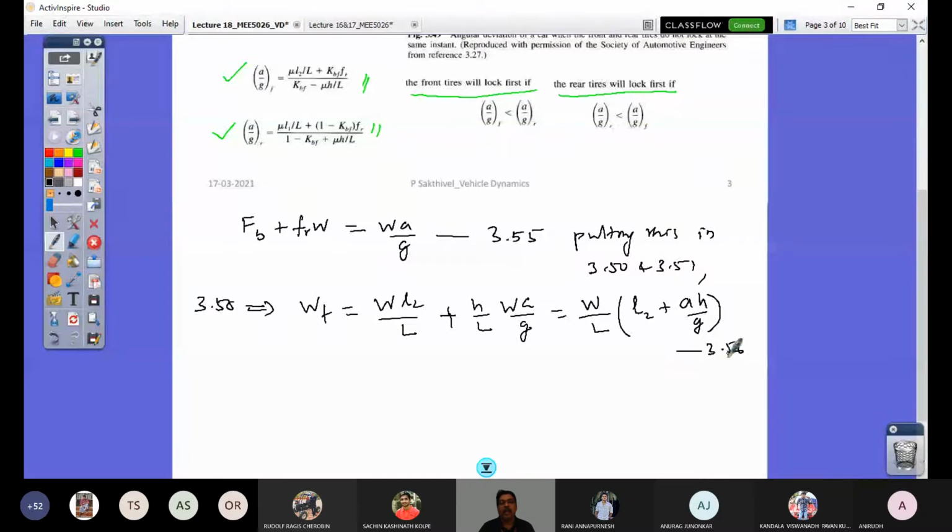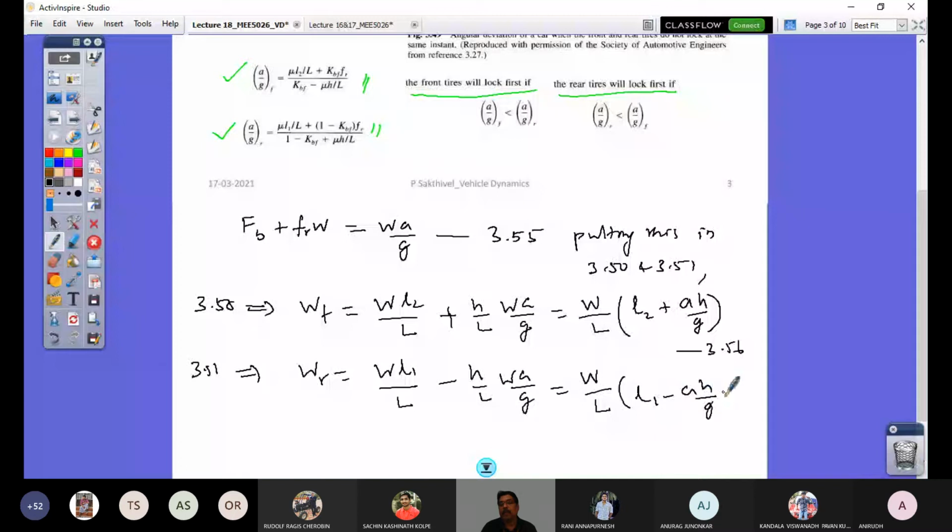And the 3.51 equation is going to be WR, that's going to be WL1, here L2, here L1 by L, the static component, minus H by L, WA by G, and that's going to be W by L into L1 minus AH by G. So this is equation number 3.57.